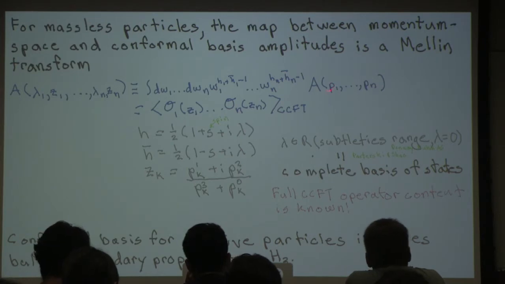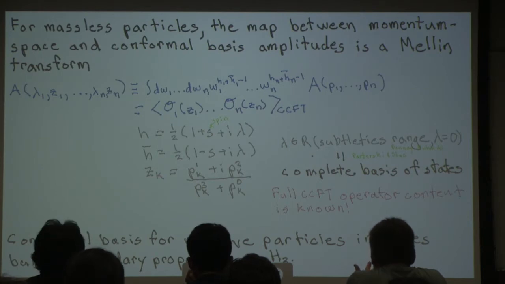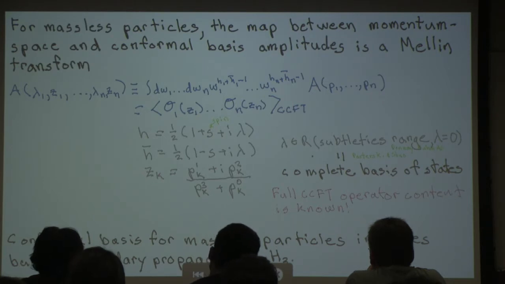For massive particles, the momentum lies on the hyperbola, which of course is Euclidean AdS3. So we get the point z by convolving with a bulk to boundary propagator on that hyperbola, and so this works for massive as well as massless particles.